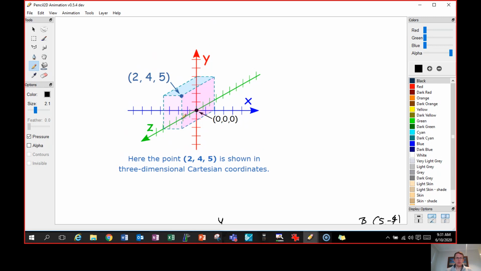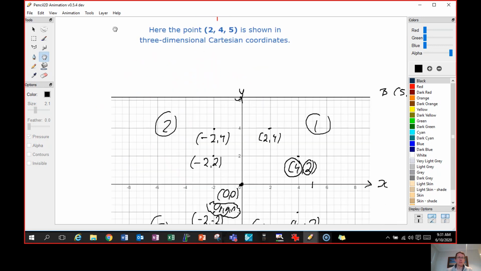So you've gone across 2, up 4 on the y, and then out 5, with z being positive this way and negative going that way. You don't need to know this. It's just a bit of extra information to extend you, in case you ever wondered why it's x, y. We do have x, y, and z axes. We don't do this in high school, but I think it's really cool to point out anyway.